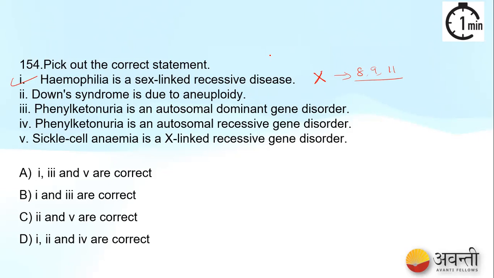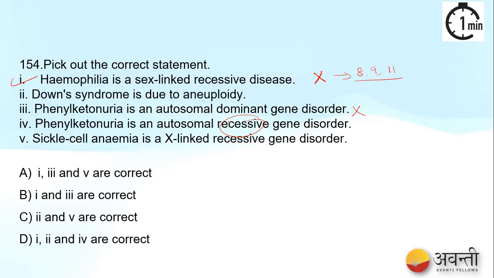Next one. Coming to the third option, phenylketonuria is an autosomal dominant genetic disorder. This is wrong. It is a recessive genetic disorder. The person suffering from phenylketonuria has a mutated gene on the autosomes. This gene is responsible for producing an enzyme that helps in converting phenylalanine into tyrosine.